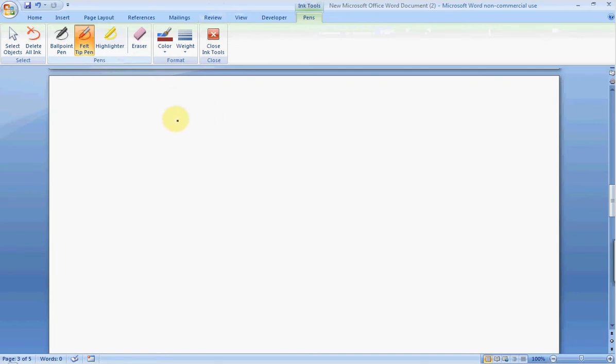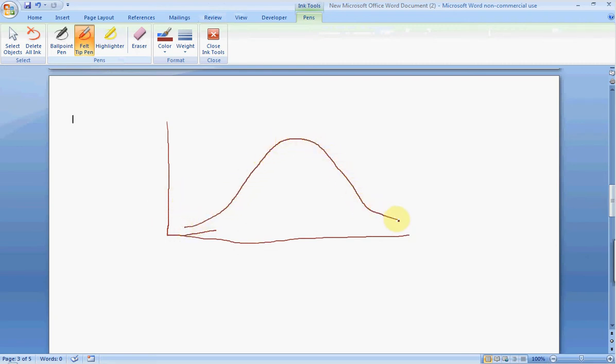So what we talked about last time was that if this is a normal distribution curve, and this is the mean, there are events distributed which are plus minus 1 standard deviation away from the mean.